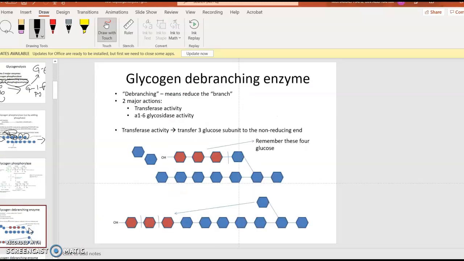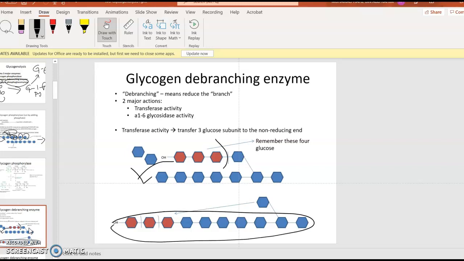This debranching enzyme will cut this one and transfer it to the end of the linear molecule, the longer one. Now you can see it is longer and this branch is gone. Now glycogen phosphorylase, the first enzyme, can come and cut again until it reaches 4 molecules from the branch, until it reaches here.